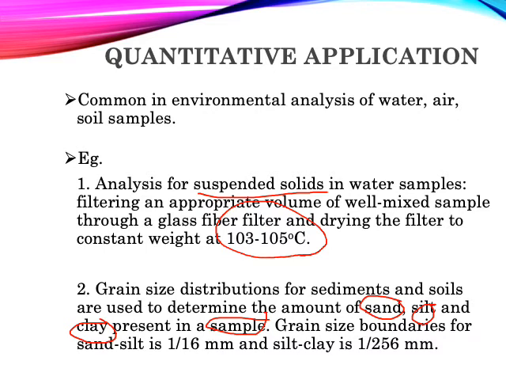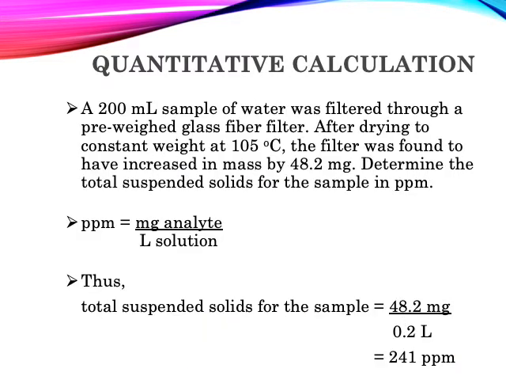The grain size boundary for sand and silt is around 1/16 millimeter. If it contains silt and clay, you need to use 1 divided by 256 millimeter. So you can use filters to filter out and get the information of the grain size distribution.